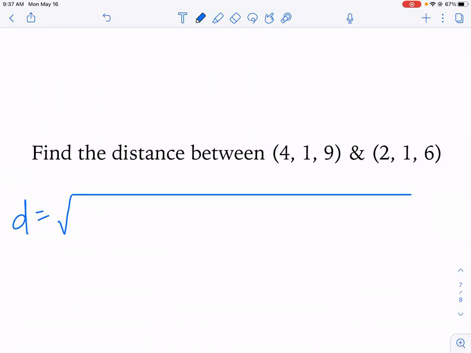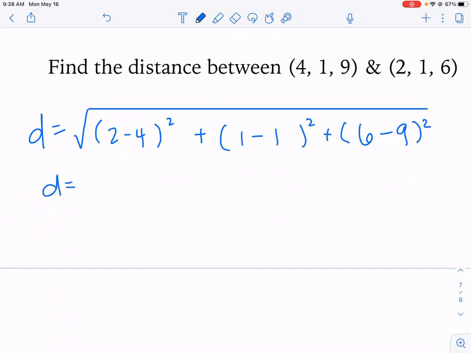Okay. So, does it matter the order in which you choose your X1 and X2? We're subtracting and then we're squaring. Okay, so we have 2 minus 4, 1 minus 1 and 6 minus 9.